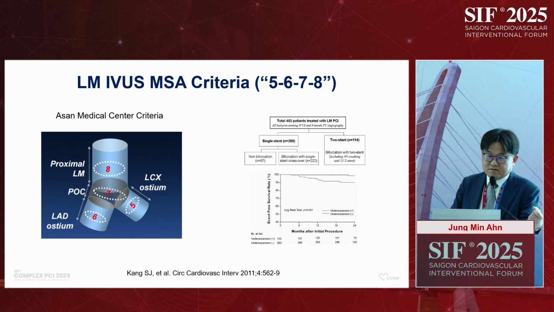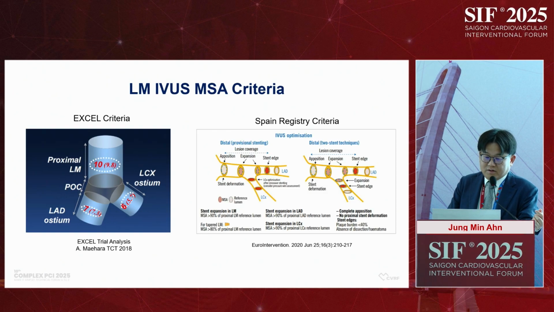In addition, this criteria was made against 9-month in-stent restenosis and validated against 2-year follow-up. Another criteria was the EXCEL criteria, with numbers a little bit bigger than our 5, 6, 7, 8. Another, the Spain registry criteria, is more complex, but we didn't use it.